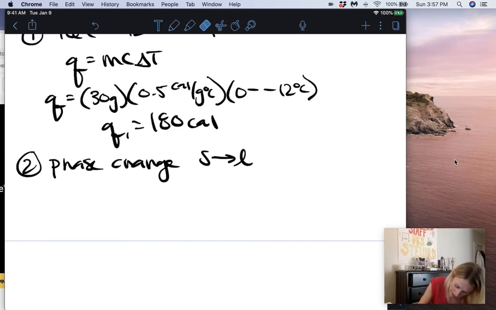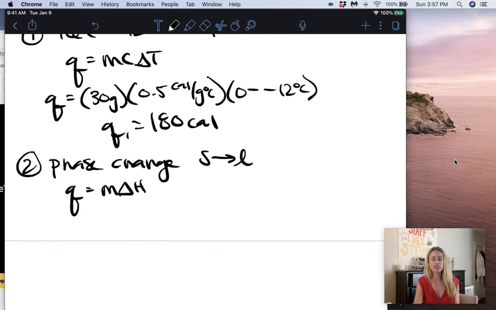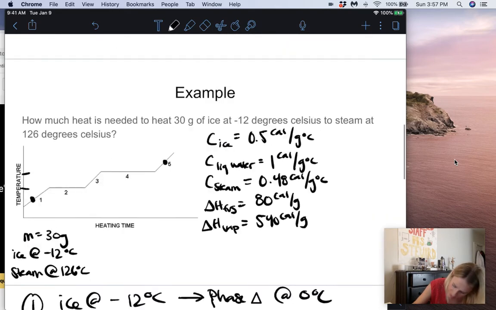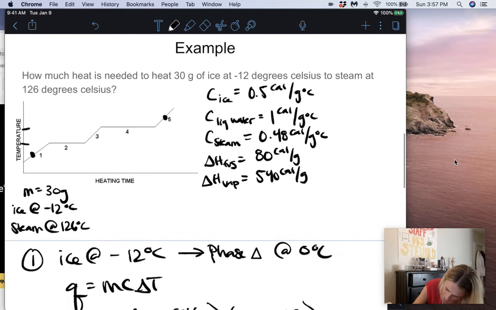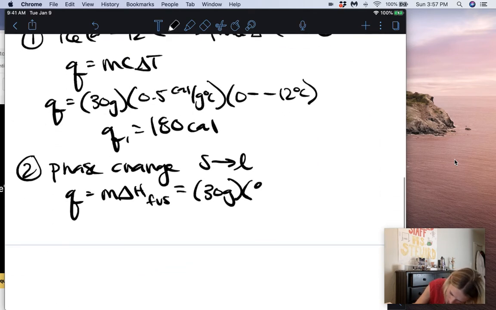So because of that, I have to use Q is equal to M delta H. Now, because we're changing from a solid to a liquid, that is our heat of fusion. All right, so delta H fusion. So we get mass was 30 grams. Delta H of fusion, which we looked up for water, is 80 calories per gram.